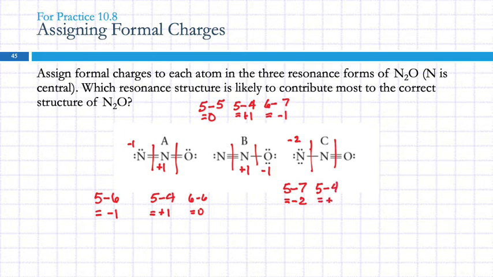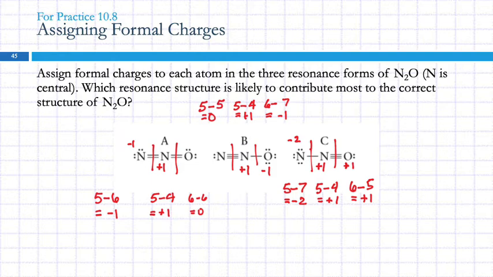So that's +1. And on the end, the oxygen brought 6 and leaves with 5. So that's +1. This one has the highest overall formal charges.